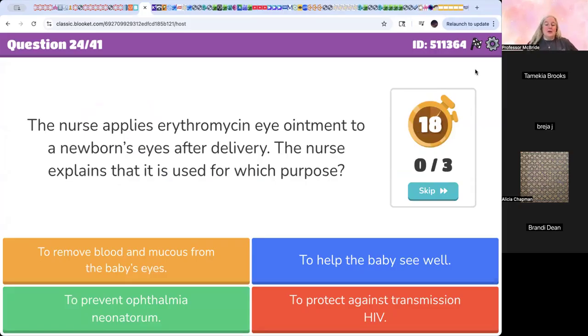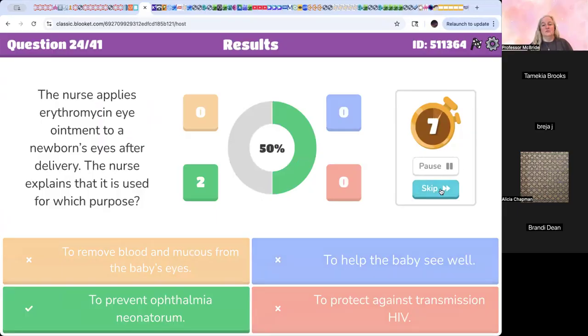The nurse applies erythromycin eye ointment to a newborn's eyes after delivery. The nurse explains that it's used for what purpose? Okay. So ophthalmia neonatorum is the conjunctivitis that babies can develop.